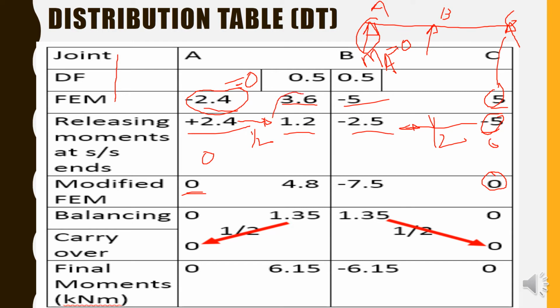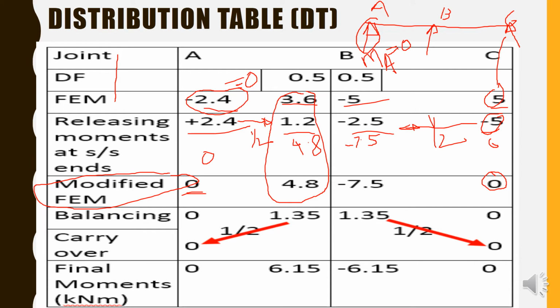The whole addition gives the modified fixed moment. 3.6 plus 1.2 is 4.8. Similarly, minus 5 minus 2.5 is minus 7.5. So this is termed the modified fixed end moment: 4.8 and minus 7.5.